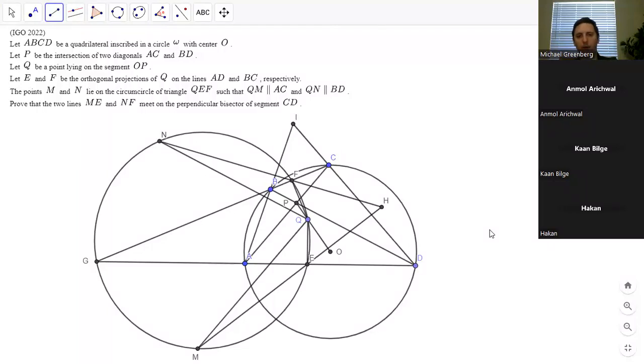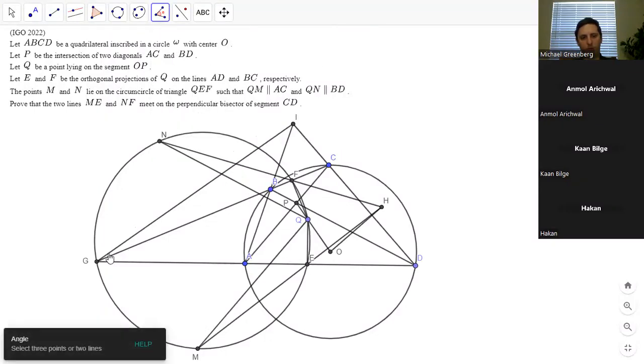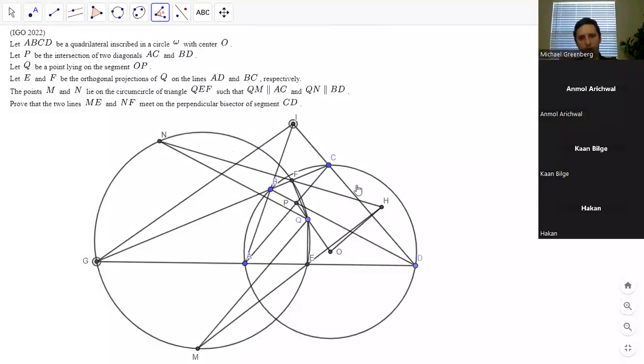So if OP we know is perpendicular to IG, and we want to show OH is perpendicular to CD, I wonder if, yeah, is it equivalent to showing angle POH plus angle GID is 180? I think so. GID is 96 and POH is 83 point something, and if you add those up, it's 180. So if we could show those add to 180, that solves the problem.